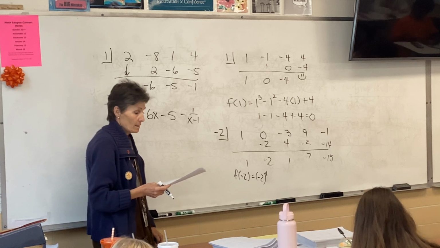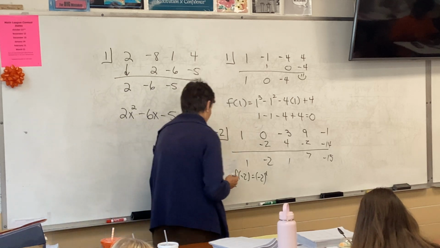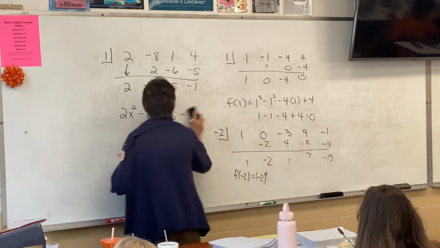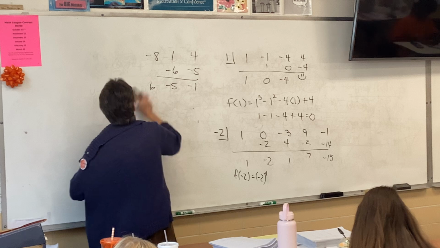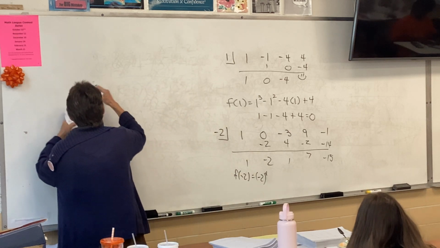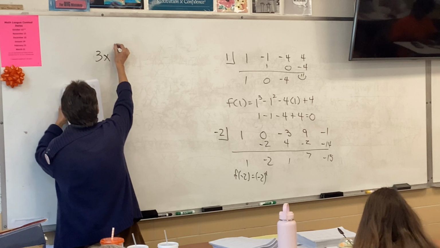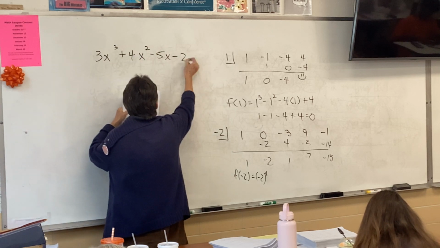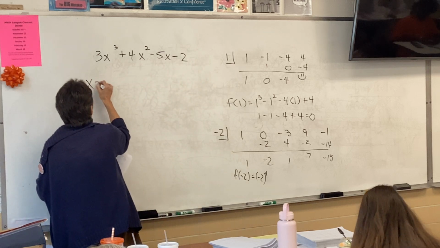Number 7. I have some big ugly polynomial here, cubic polynomial. And I know that one of the zeros is x equals 1.